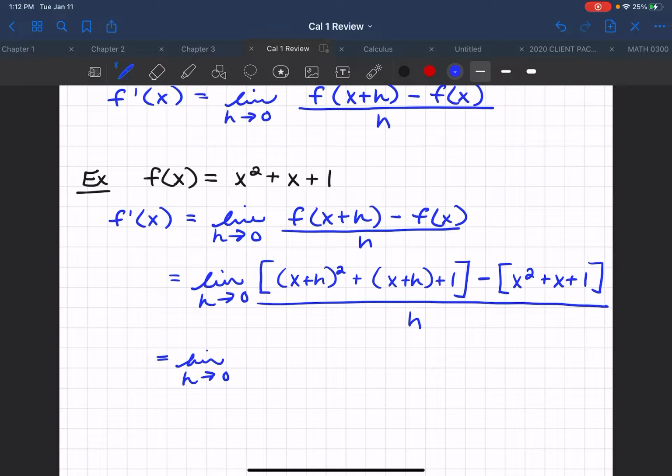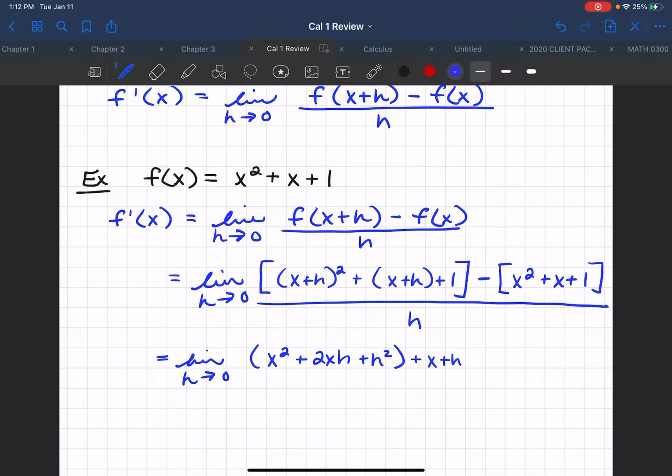We're going to take x plus h squared and FOIL it, so that'll give me x squared plus 2xh plus h squared. And then I've got the plus x plus h.